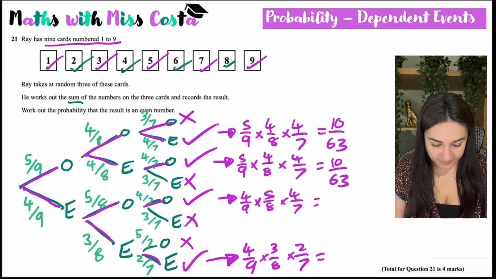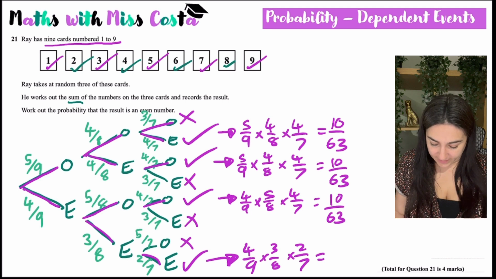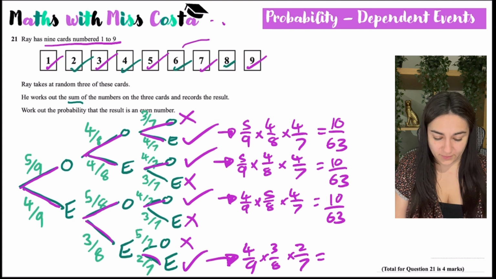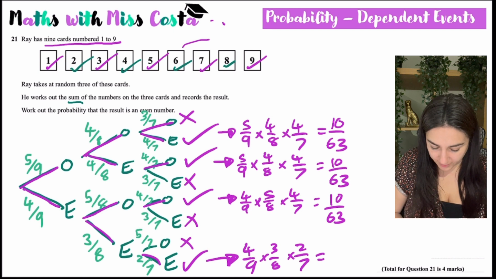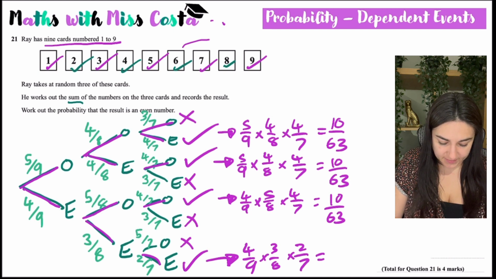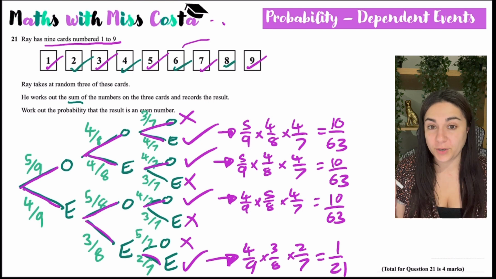It is, so that would be 10/63. And then 4/9 times 3/8 times 2/7 gives you 1/21. So you could have just done this all in your calculator in one go.